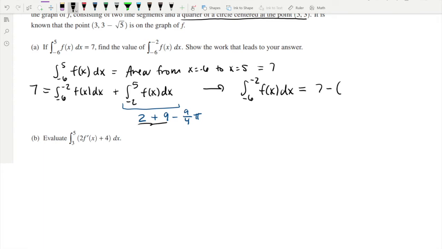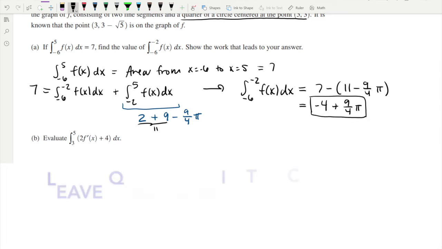We could simplify this to 11 minus 9/4 pi. Okay, so this is 7 minus 11, which is -4, plus 9/4 pi. Since we don't have a calculator, that is our answer.